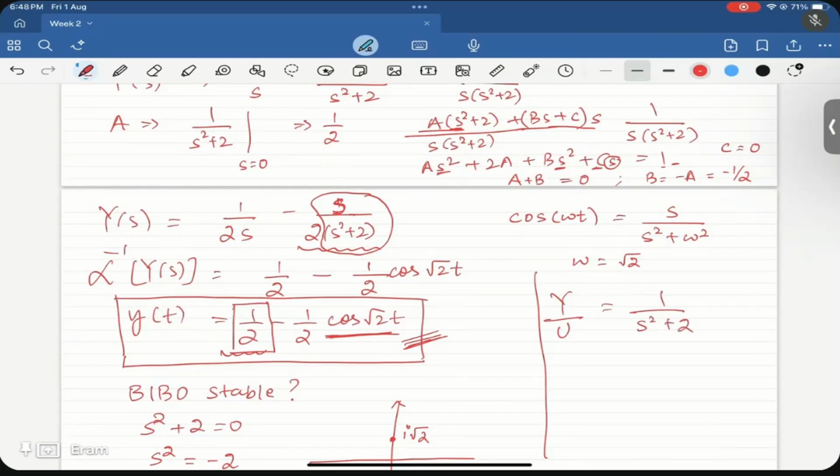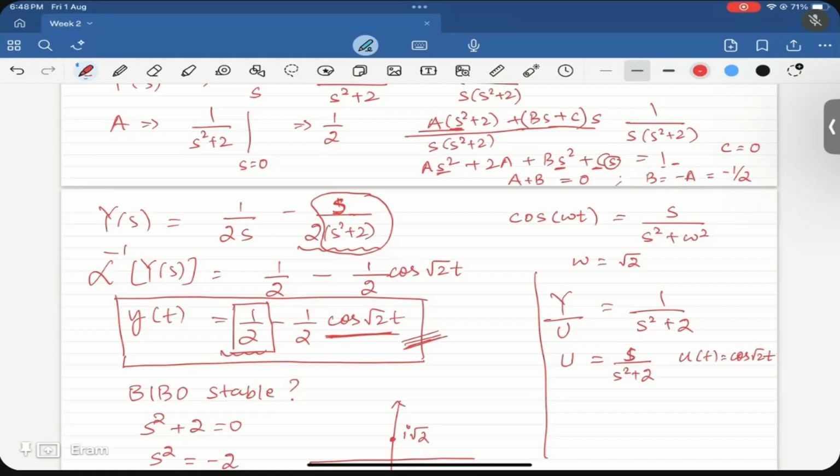Now I am saying you provide u(t) as cos(√2 t). So what will be the Laplace transform of this input? It will be s/(s² + 2), right?